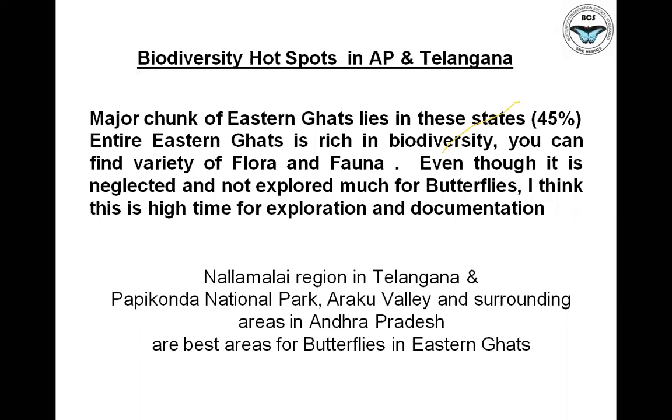In the Andhra Pradesh and Telangana areas, even though it is neglected and not explored much for butterflies, I think this is the right time for exploration and documentation. For that, the Nallamala region in Telangana, Papikonda National Park, Araku Valley, and surrounding areas in Andhra Pradesh are the best areas for butterflies in Eastern Ghats. Many people visit those areas.